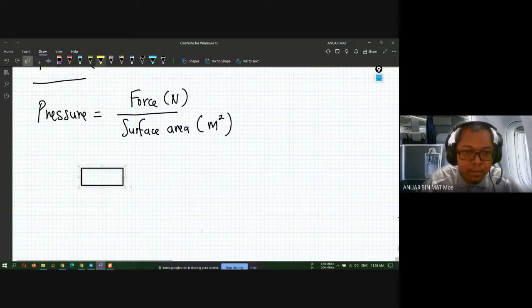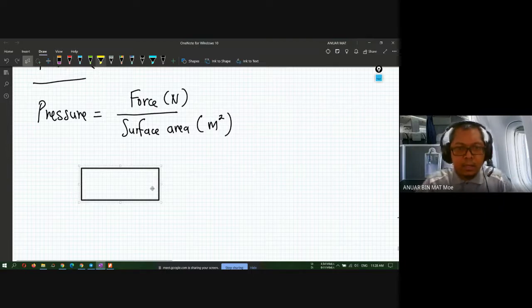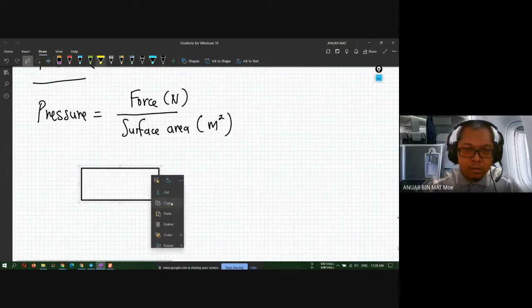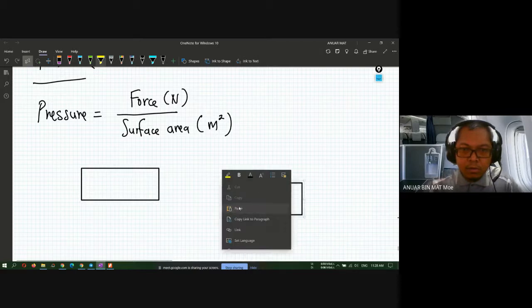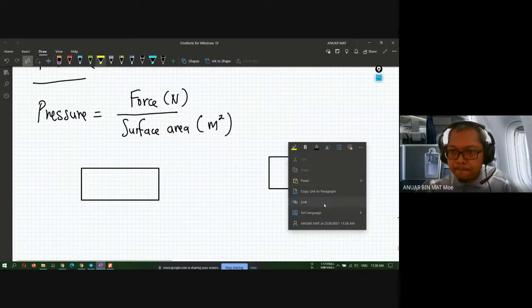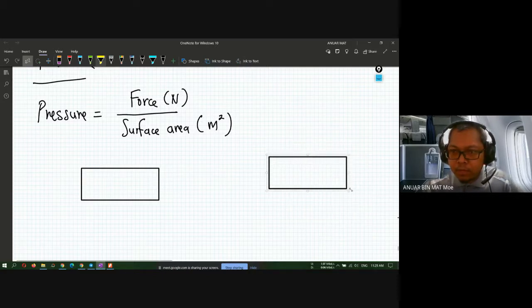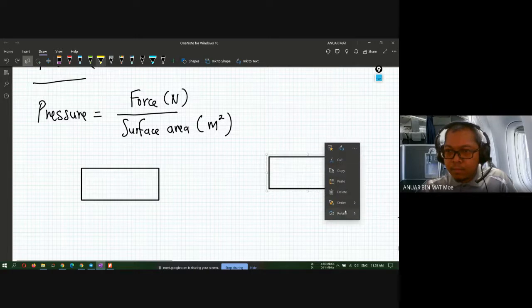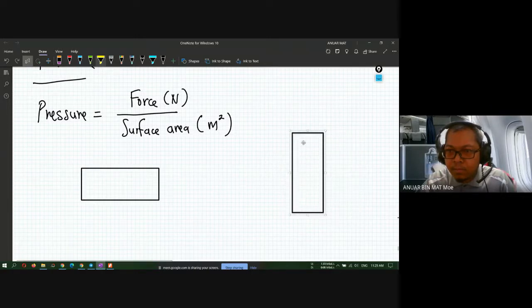What happened here? Okay, and then duplicate. Very slow, this one. How to rotate this? Okay.